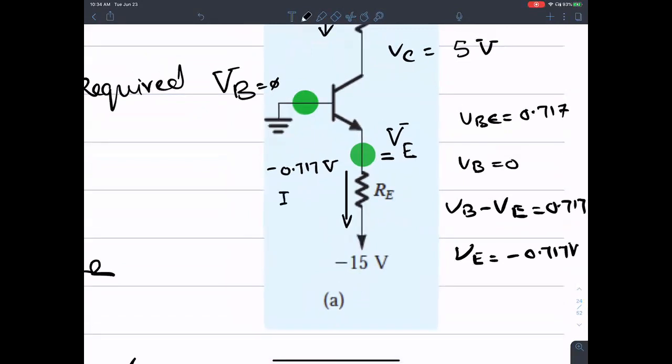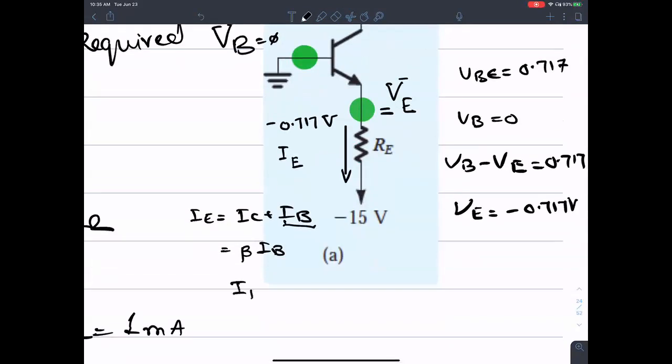Once I have this, I should be able to calculate the I emitter. I could have done it differently. I could have simply calculated IE to be IC over alpha. If you don't remember that, IE is IC plus IB, and IC is beta times IB.